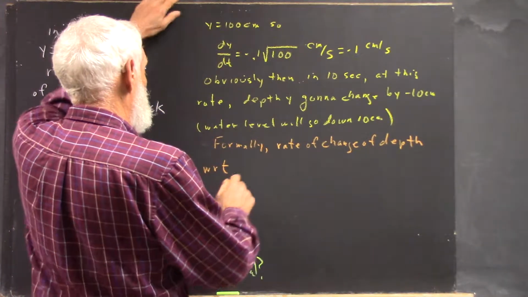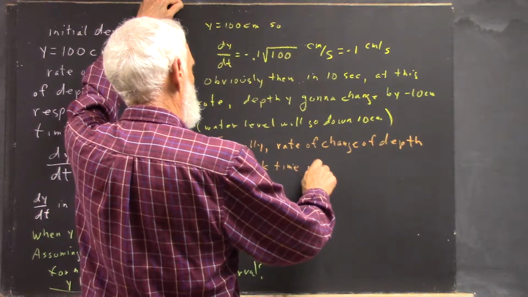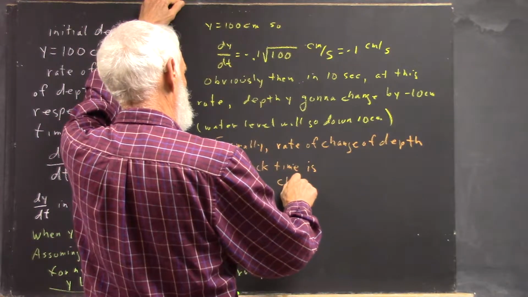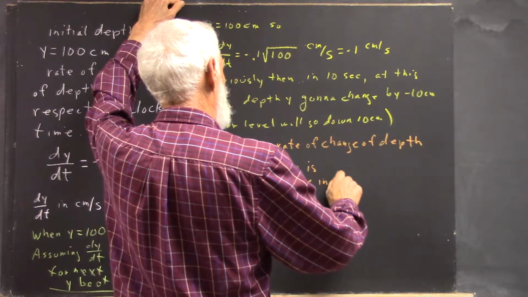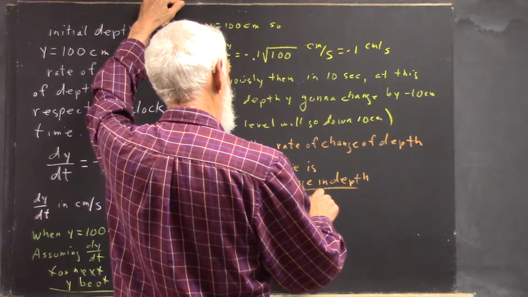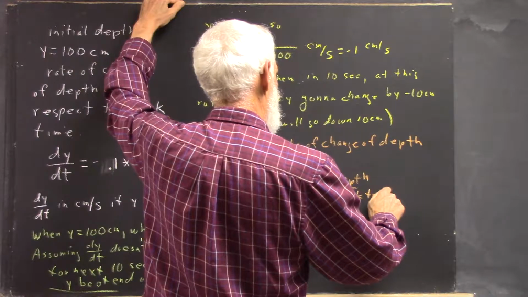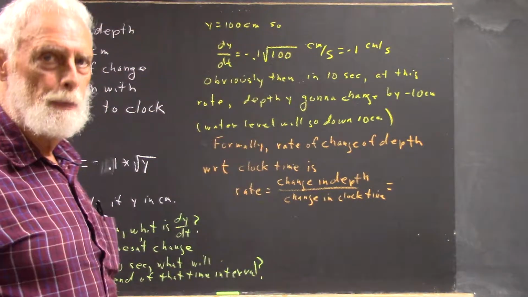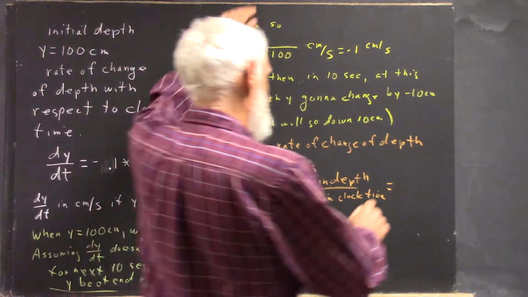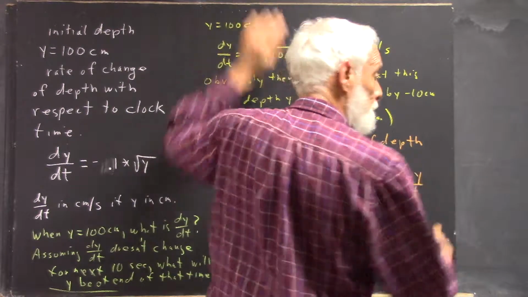So rate of change of depth with respect to clock time is rate equals change in depth divided by change in clock time. And what symbol do we use for a change in something? Delta, right? So that's delta y, depth being y, divided by delta t.